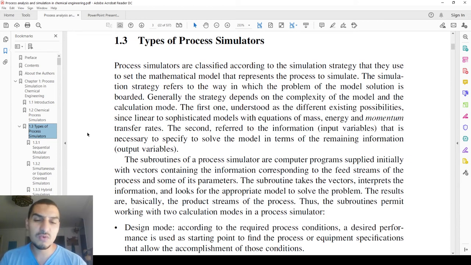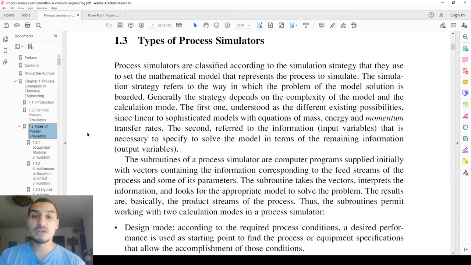Just to understand how it works, remember how we do the material balance calculations manually, or as we did before using Microsoft Excel. When we do the solution, we first go with the degrees of freedom analysis to tell if the number of givens, or the information that we have, is enough to solve the system or not.